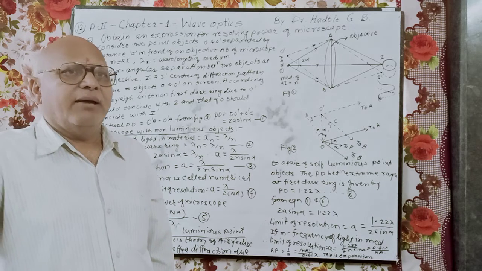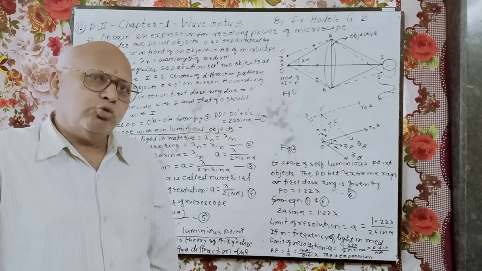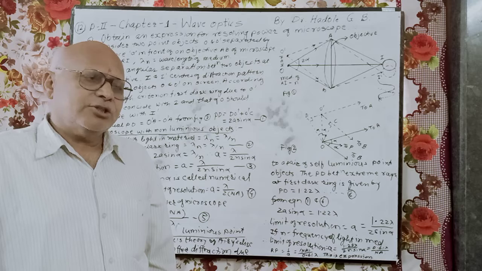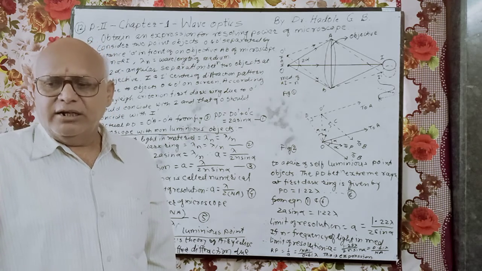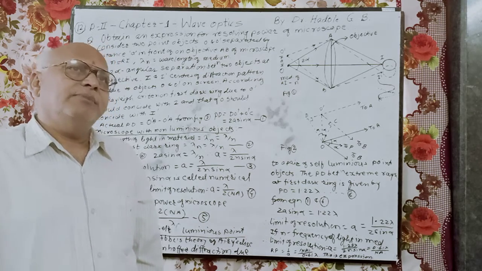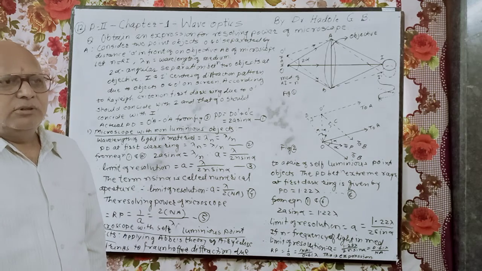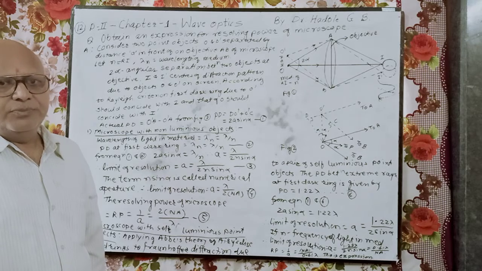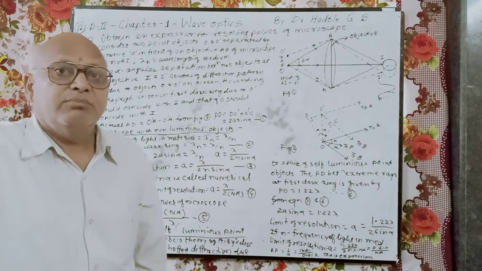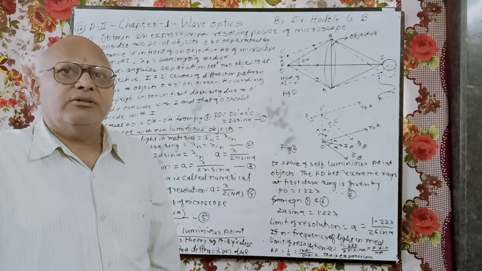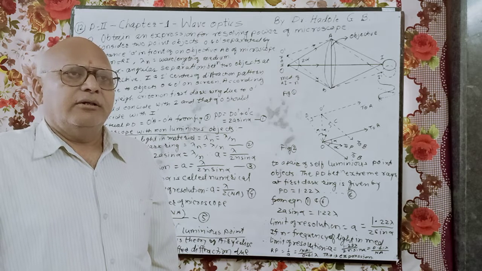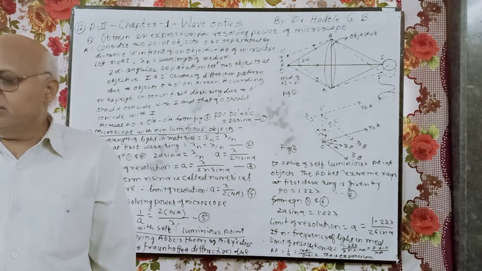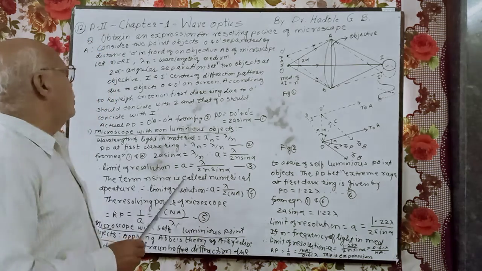A device, apparatus or instrument which can be used to see objects of the order of 10 to the power minus 6 meter, that is of the order of a micrometer, is called a microscope. Hence, it is our duty to study the resolving power of the microscope.